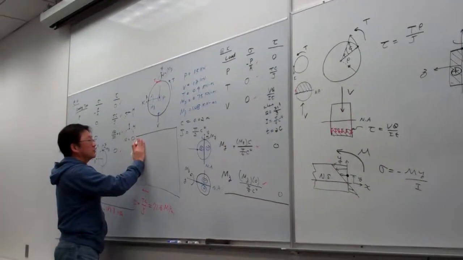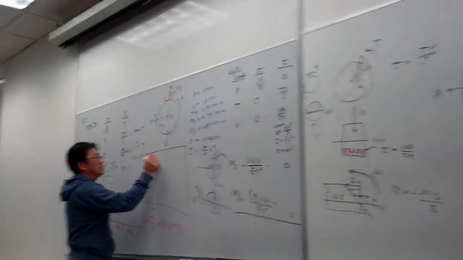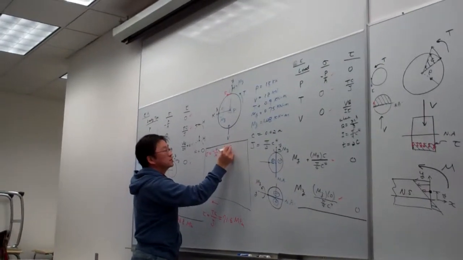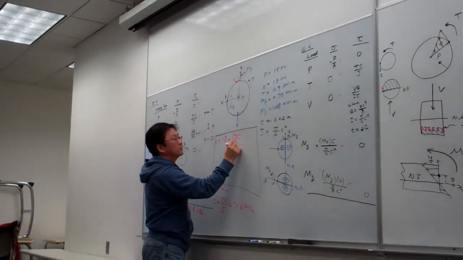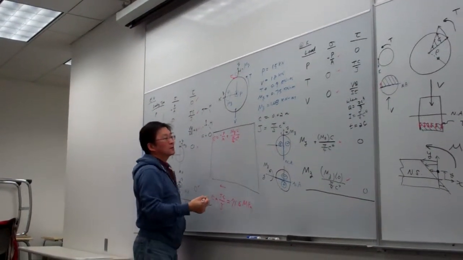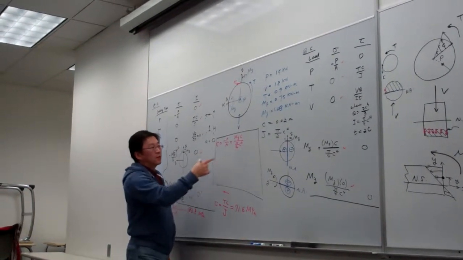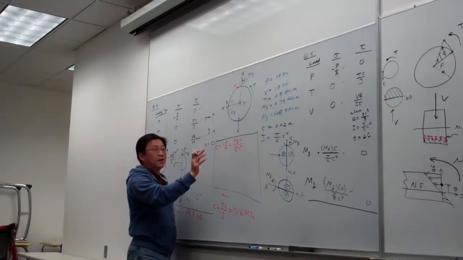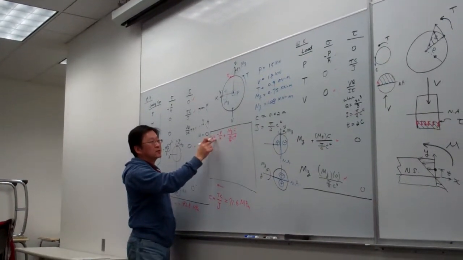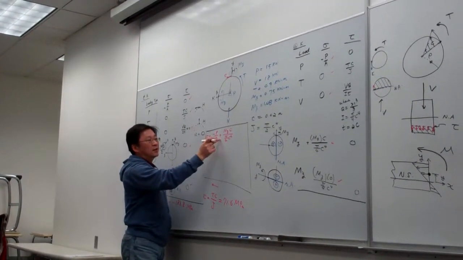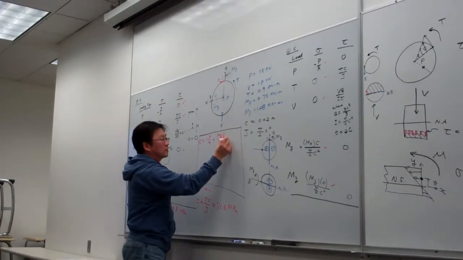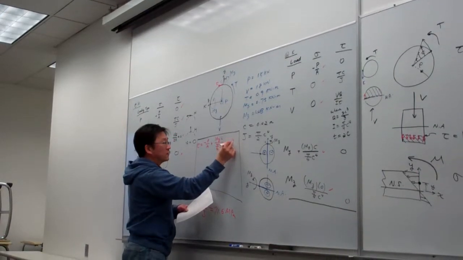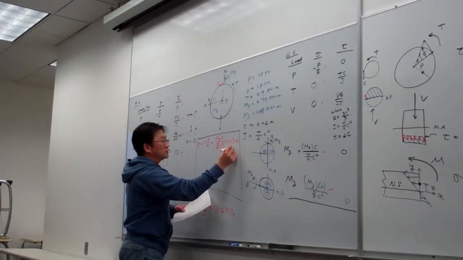So basically here sigma will be equal to minus P over A plus M_y times c, over pi over 4 c to the 4th power. Again, all the parameters here are only their magnitude because we already take care of the sign here. So this one we calculated, that will be 107.4.